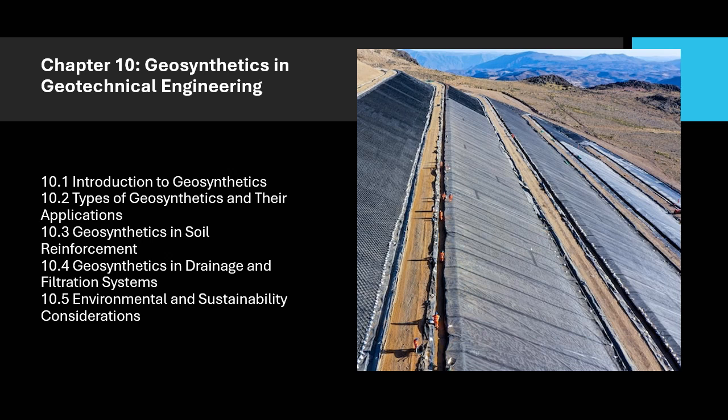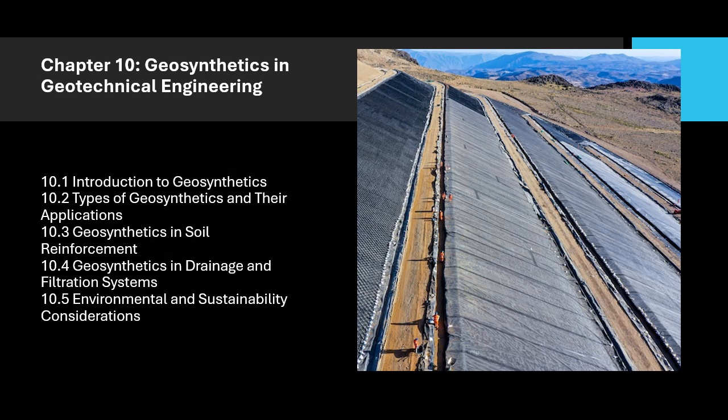Closed-loop recycling. Closed-loop recycling allows for the reuse of geosynthetic materials in the same type of applications. For example, geotextiles used in road construction can be recycled and reused in similar drainage or filtration applications. Upcycling.